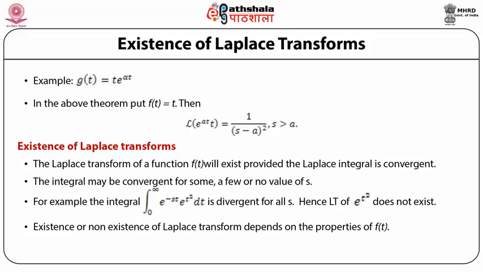However large s may be, ultimately as t increases, t square minus st will become positive and the integral will diverge. Thus, it all depends on the properties of f of t for large t whether the Laplace transform will exist or not.